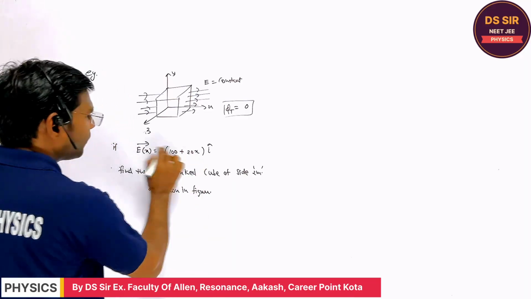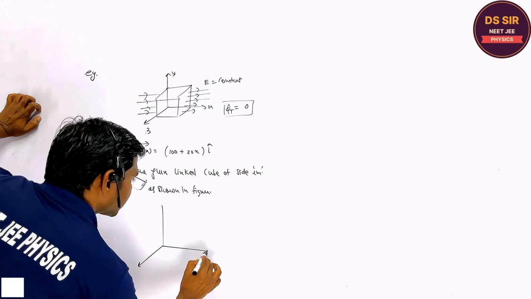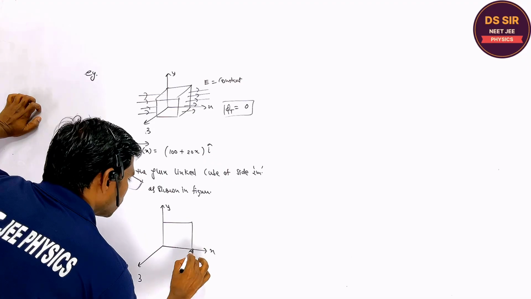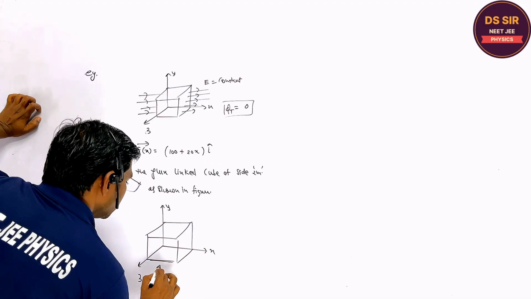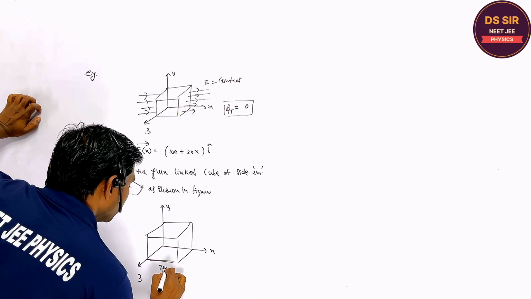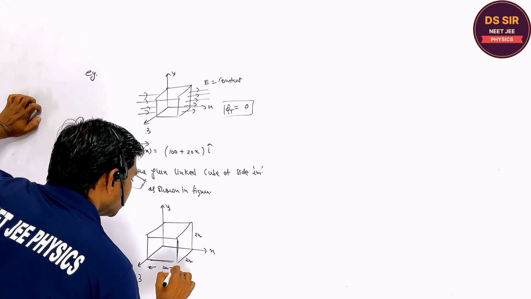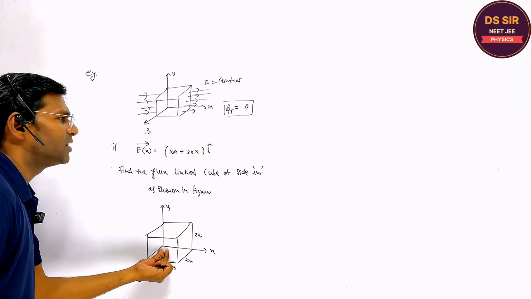The electric field is now not constant. Suppose this is the x-axis, this is the y-axis, and this is the z-axis, and this is the cube, and the side of the cube is 2 meter. Is it clear? So you have to find the flux linked with this cube.